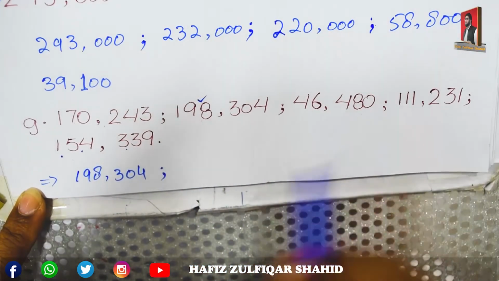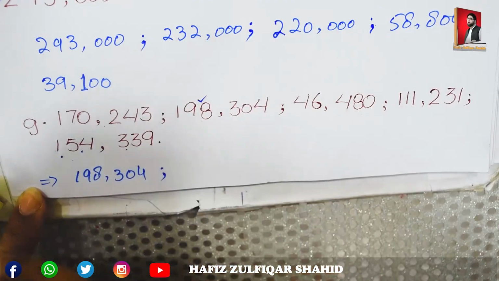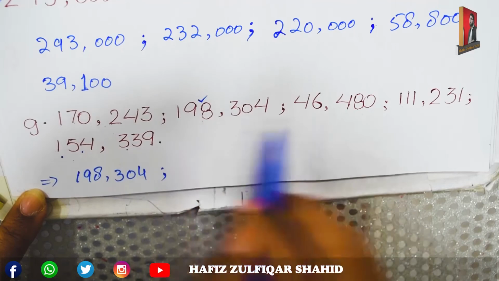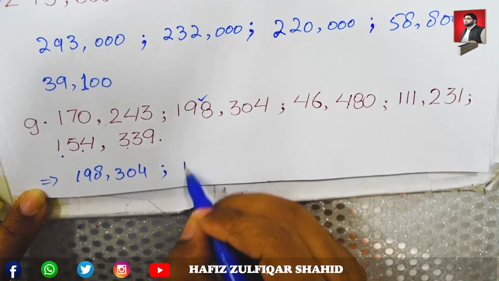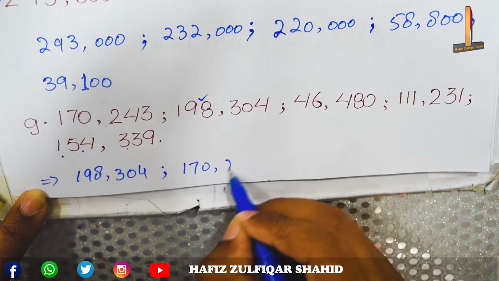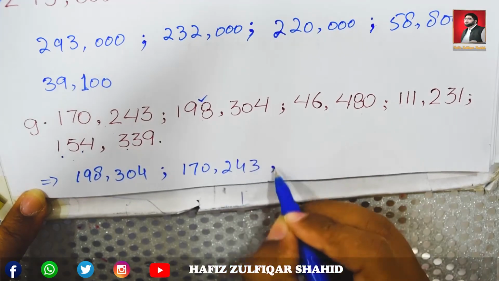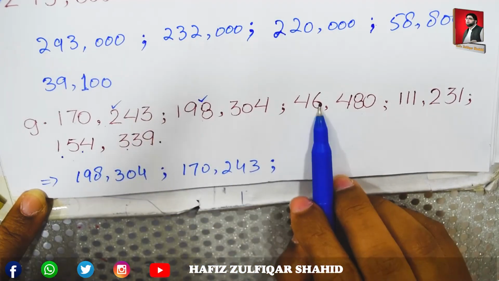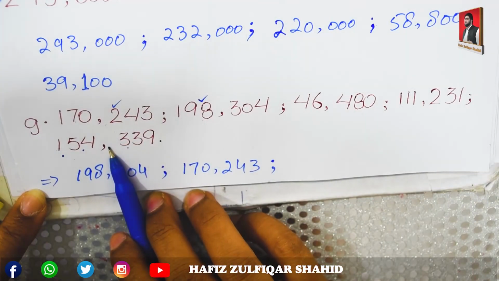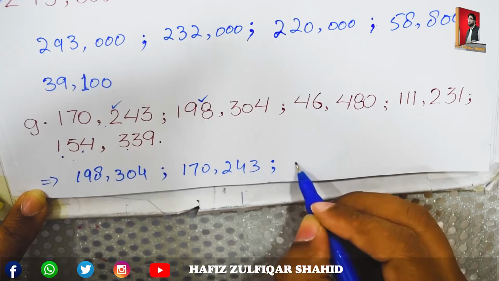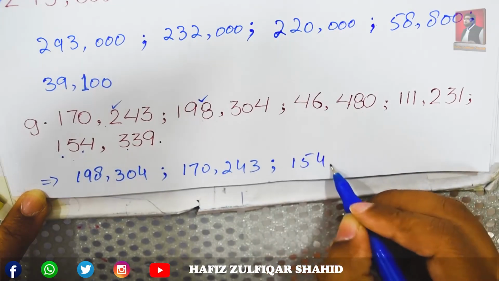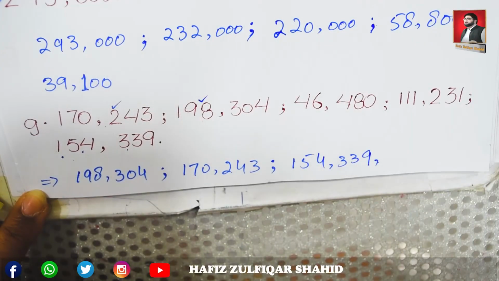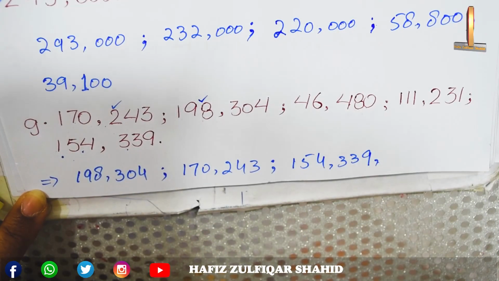Now compare the remaining 4 values, and we can see from these values 170 is largest. Now compare the rest of 3 values, and we can see that 154,339 is the largest from these 3.